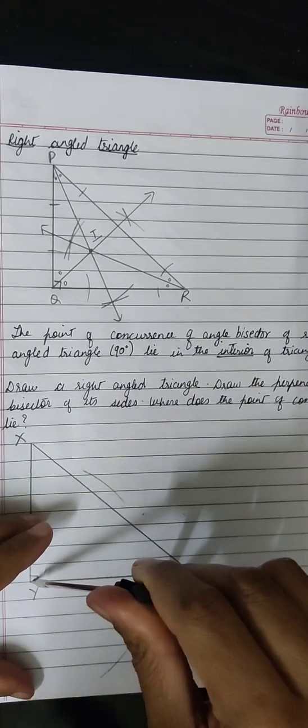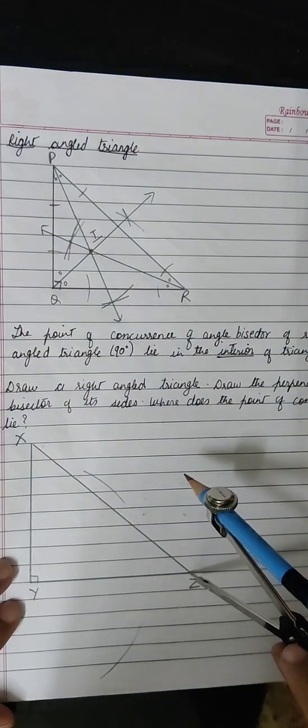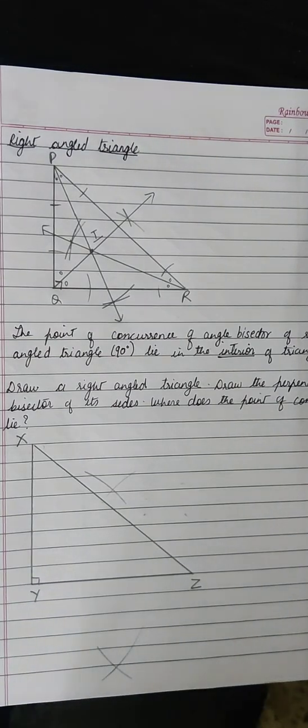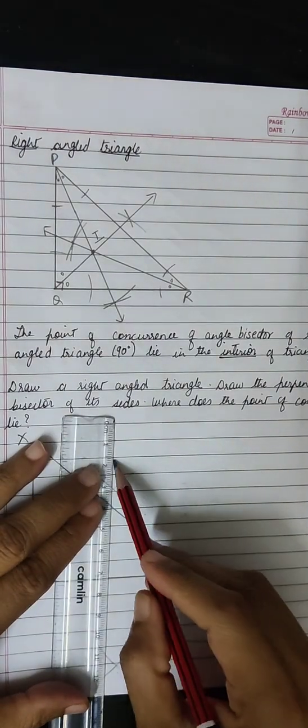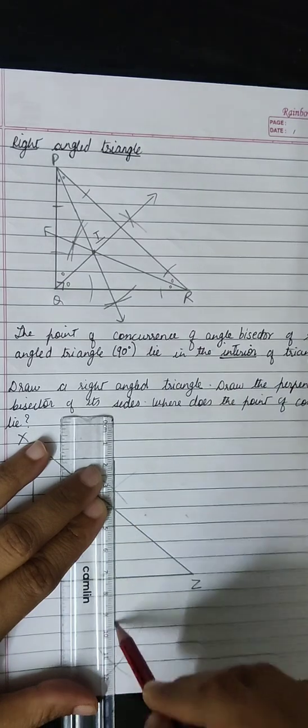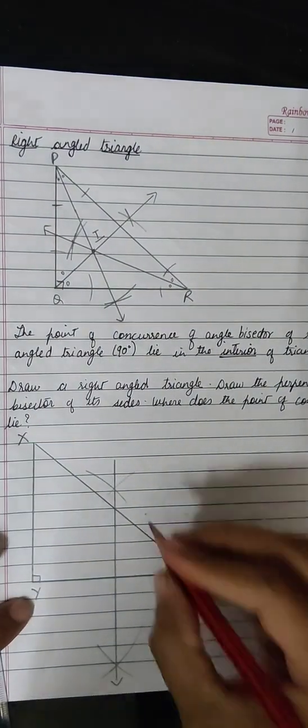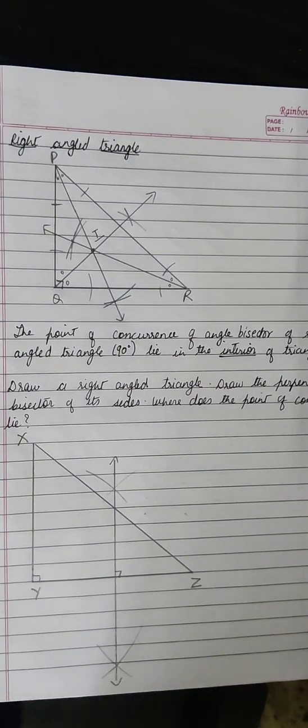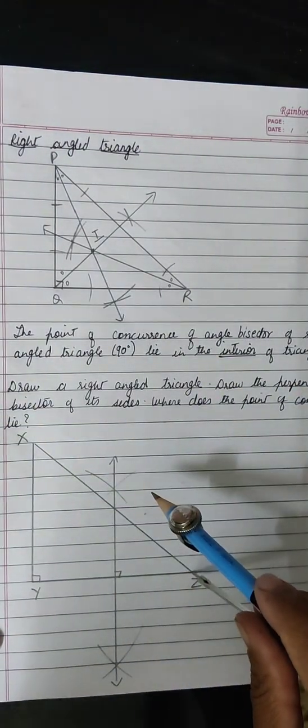One arc above, one arc below, one arc above, one arc below. Where the two points are cutting, draw it. So this is the perpendicular for YZ. Similarly, I have to draw for XZ.